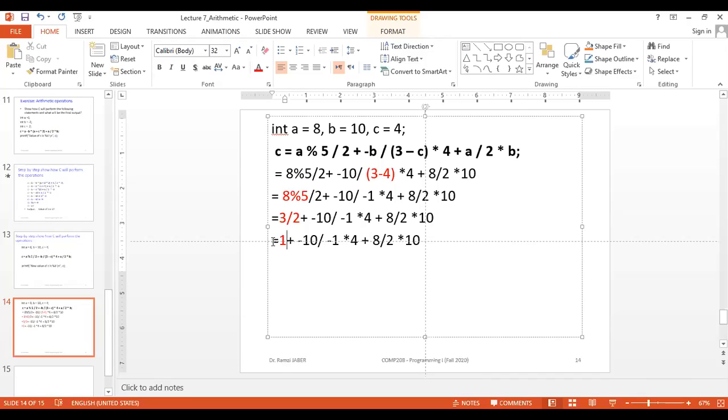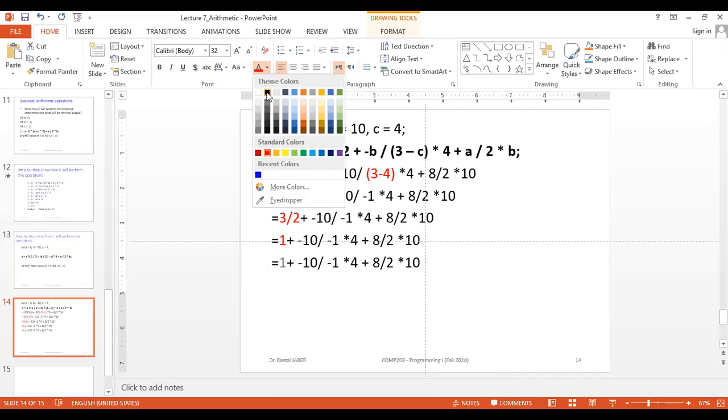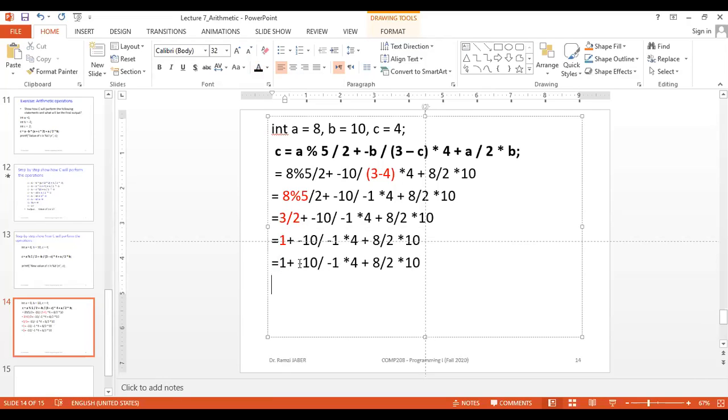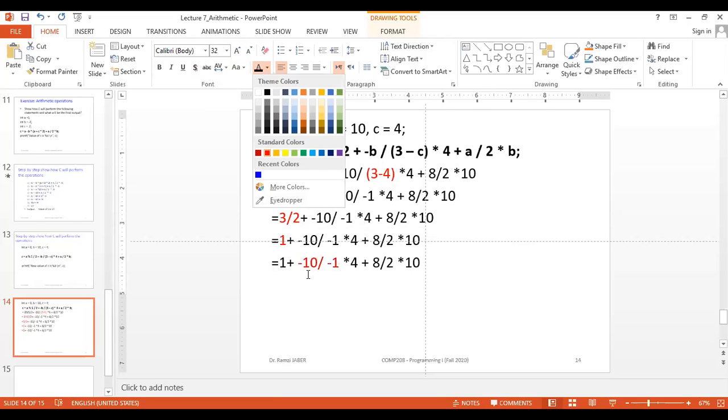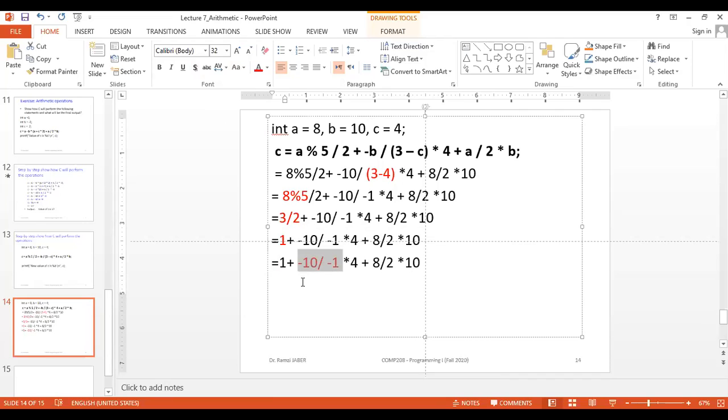We start by which division? Minus 10 over minus 1, which gives us 10.